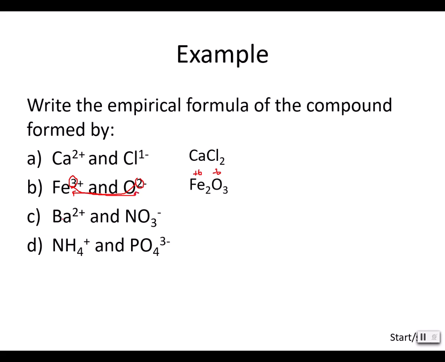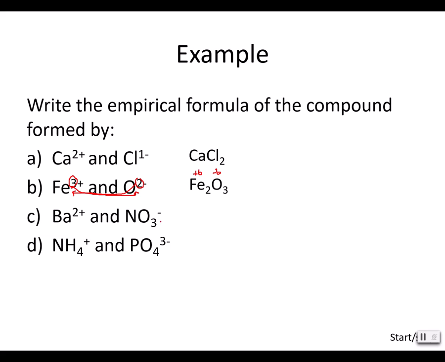For this next example, I have barium and nitrate. And so looking at this, you see that I'm going to need 2 NO3s, 2 nitrates. When writing that corresponding formula, anytime you have more than one polyatomic ion, and nitrate is a polyatomic because there's more than one element here, you must use parentheses.